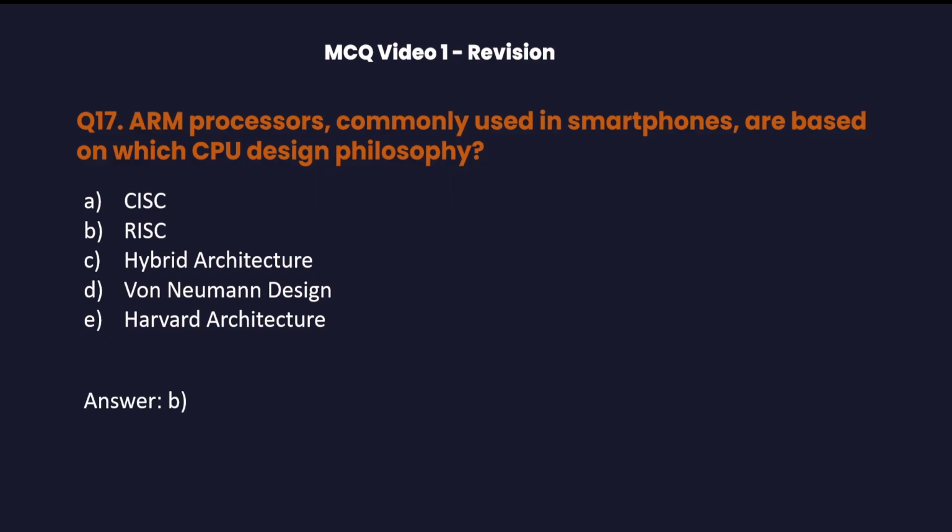The right answer is option number B, RISC, which stands for Reduced Instruction Set Computer, which are actually small set of instructions. They have simple hardware design, generally faster and more power efficient than CISC.